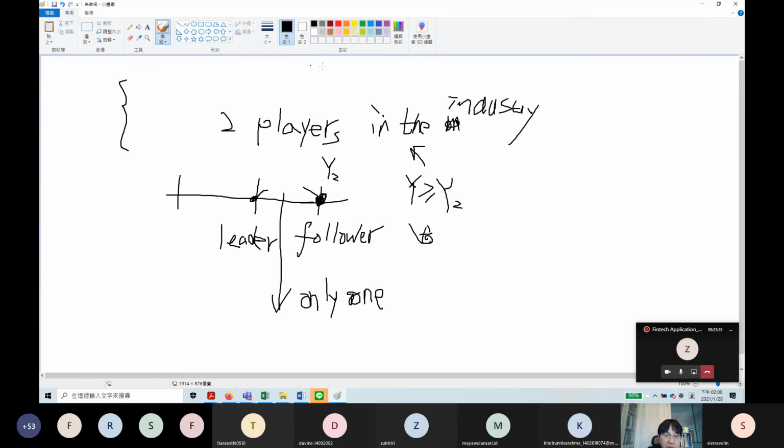So during the time interval, just only one player, who is the leader, right?